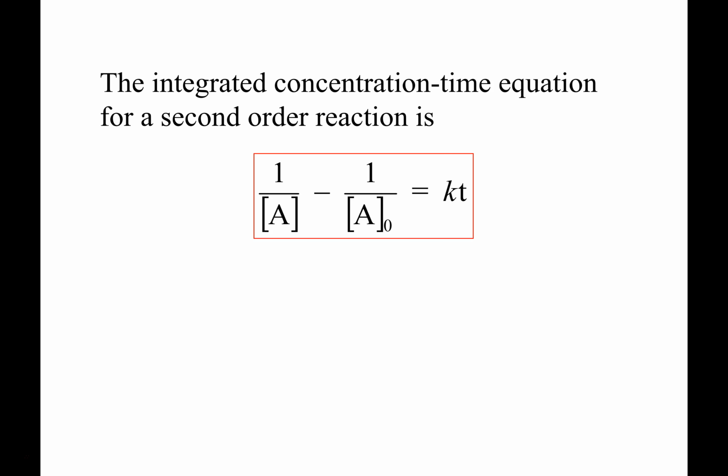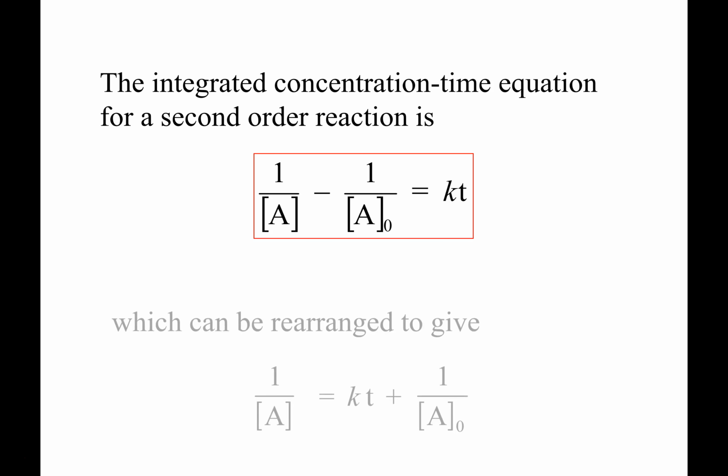Okay, so we have this. The inverse of the molar concentration of A at any time t minus the inverse of the initial molar concentration of A is equal to positive kt.